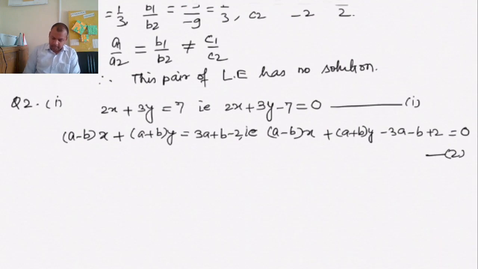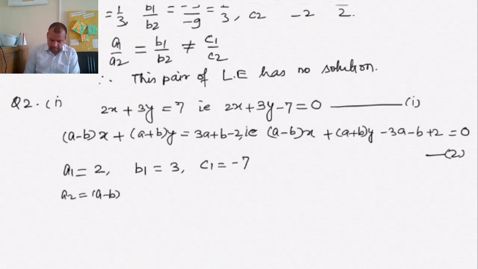If we compare both these equations with a1x plus b1y plus c1 is equal to 0 and a2x plus b2y plus c2 is equal to 0 respectively, we have a1 equals to 2, b1 equals to 3 and c1 is equal to minus 7. In the same way, a2 is a minus b, b2 is equal to a plus b and c2 is equal to minus 3a minus b plus 2.